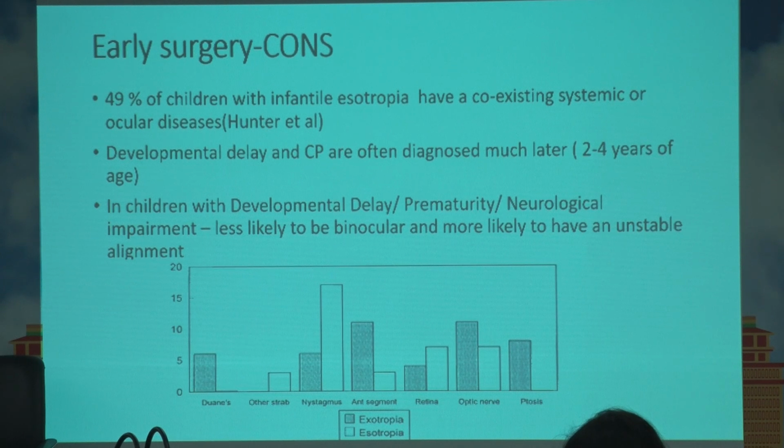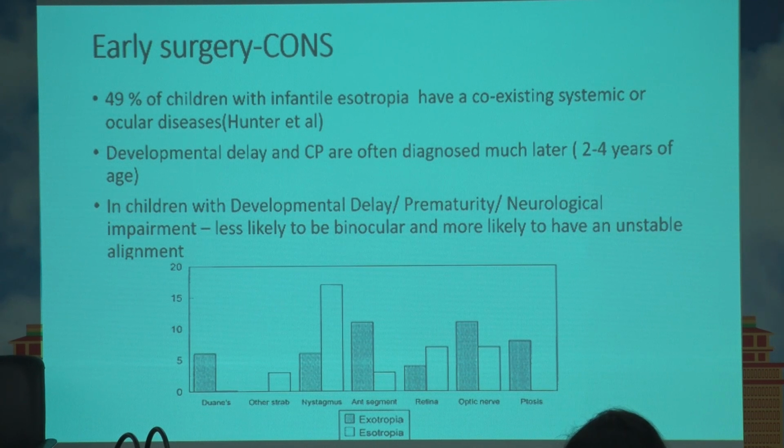Again, the other thing is that I'm not talking about cases of essential infantile esotropia who do not have a systemic or neurological abnormality, but if we take the overall prevalence of infantile esotropia, roughly 40 to 50% of these children have associated systemic or neurological abnormalities.